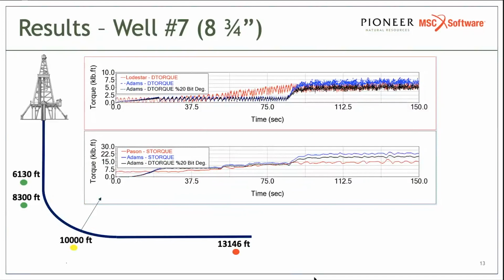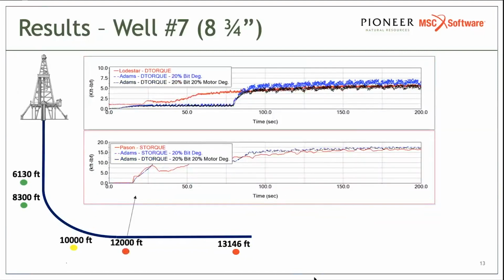Here are the next depths, and when we come to 10,000 feet in this case, you see some discrepancy happening on the results with the measurements coming from either Payzon and Lodestar. When we introduce 20% of bit degradation into the Adams model, we start to get a better match, which is shown with the black lines here.